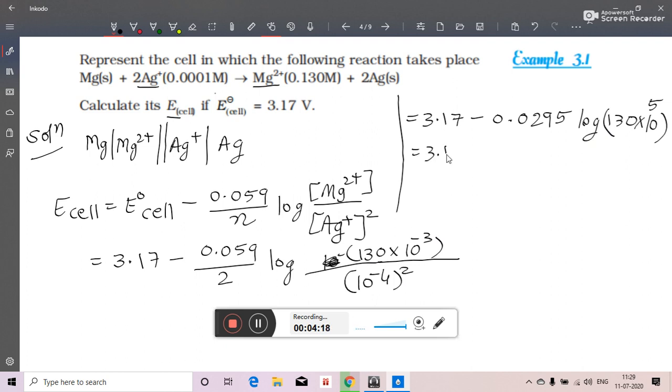So that is equal to 3.17 minus 0.0295 times log of, now if we write 130 as 13, then it will be 10 raised to 6.